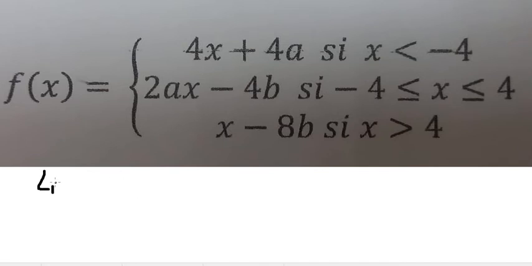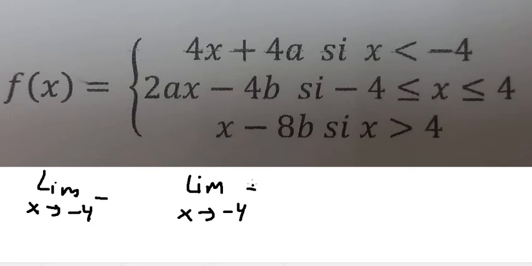We have the limit on the left of negative 4 and the limit on the right of negative 4. We know that if they want to be continuous, the value on the left is equal to the value on the right. So now I can put negative 4 in here and negative 4 in here.